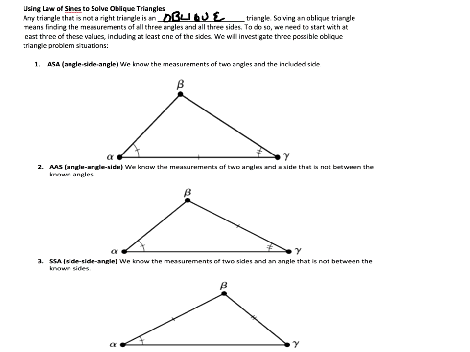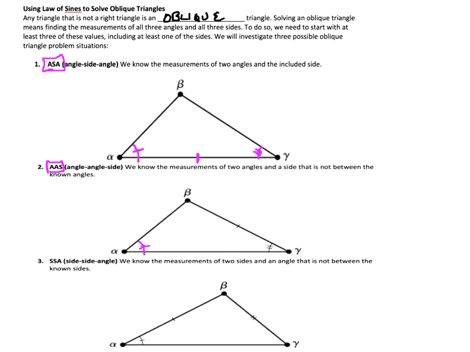So the first case that we will look at is what we call an angle-side-angle triangle. That's when you're given one angle, and you're given the included side between another angle. So angle, side, angle. We also have angle, angle, side.